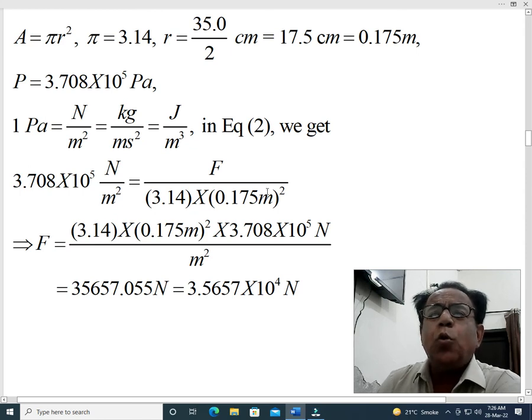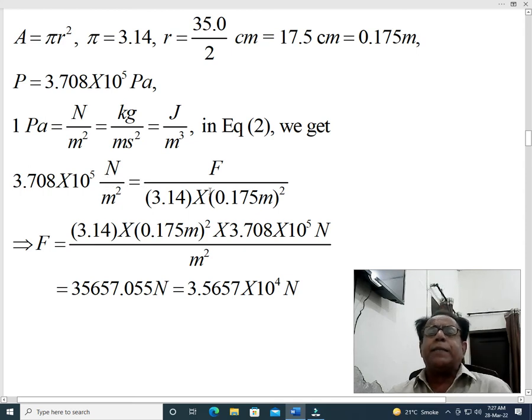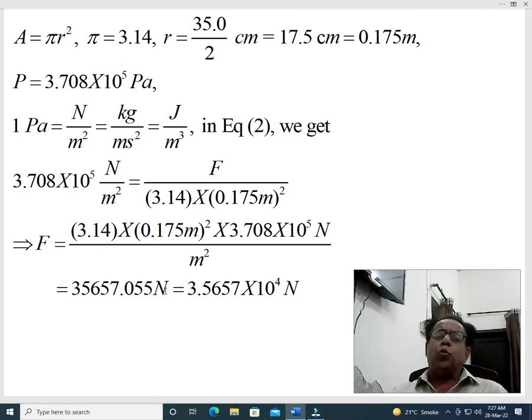When it is multiplied, meter square will be cancelled out with meter square and we will be left only with Newton, and we know that force is expressed in Newton. So force will become equal to 35,657.055 Newton. To this extent our problem is completely solved and we do not need to go further.